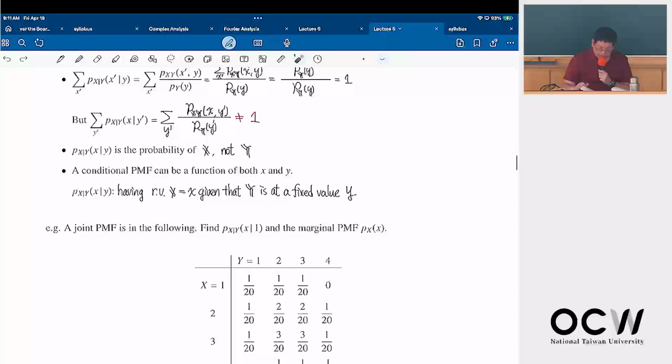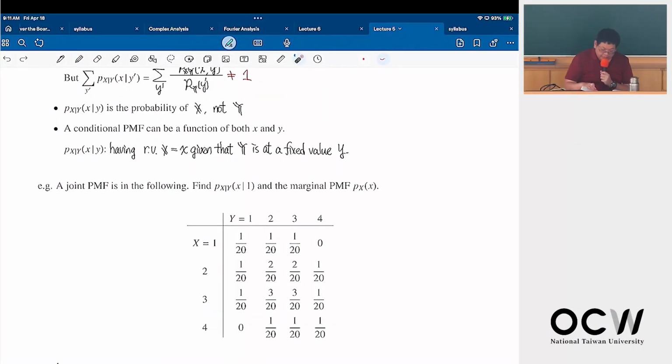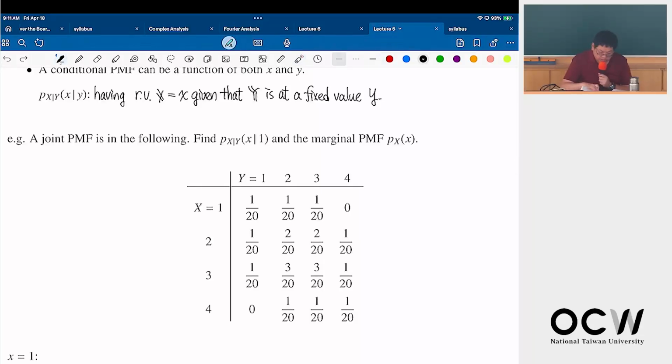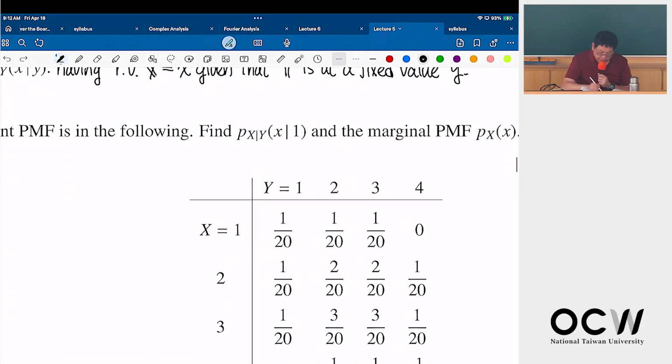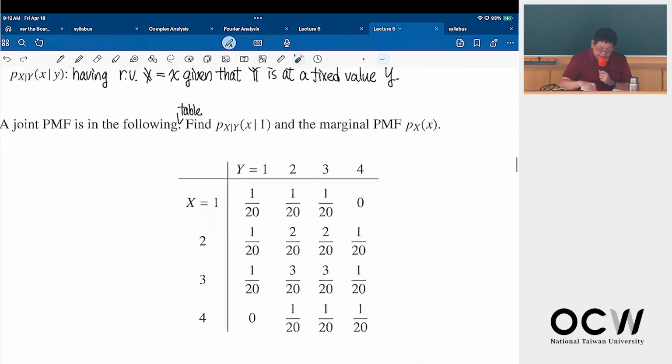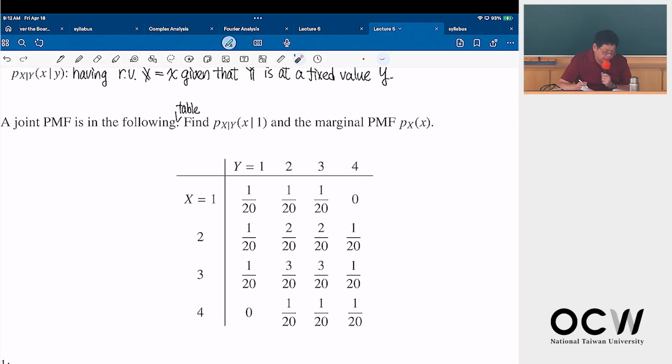So here, let's see this example. I have a joint PMF. Joint here is in the following table. Then for this joint PMF, I want to find the marginal PMF and also the conditional PMF of x given y equals 1.